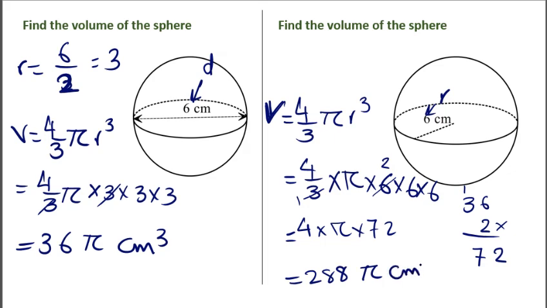So 288 pi centimeter cube. And that's all for calculating the volume of the sphere.